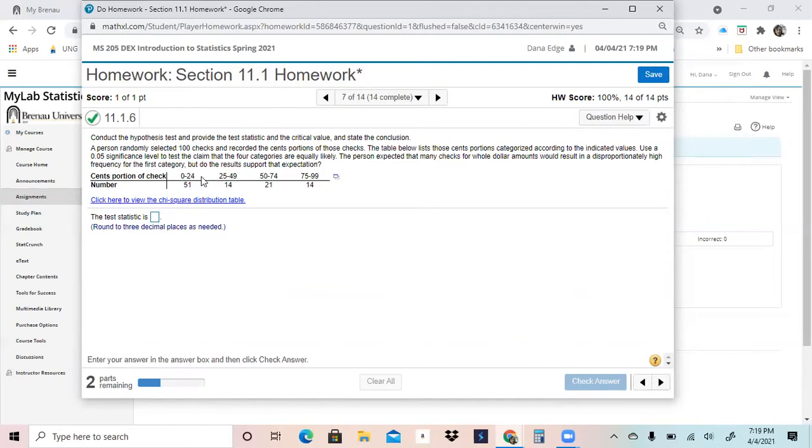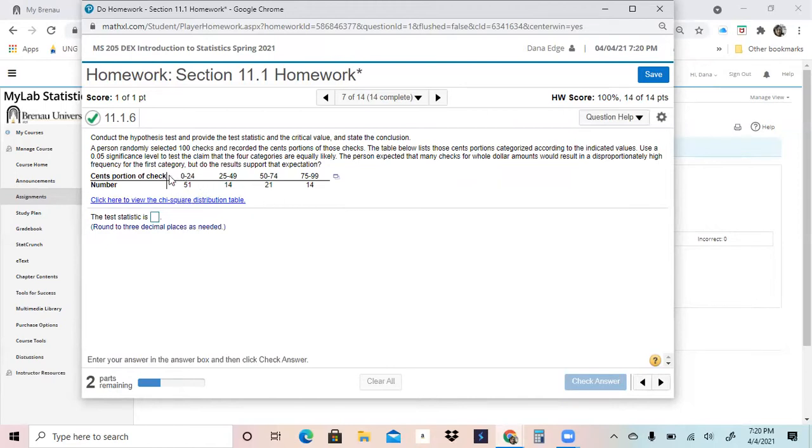So if it's 0 to 24 cents, there were 51 of those, 25 to 49, there were 14, and so on. The person expected that many checks for whole dollar amounts would result in a disproportionately high frequency for the first category, but do the results support that expectation?